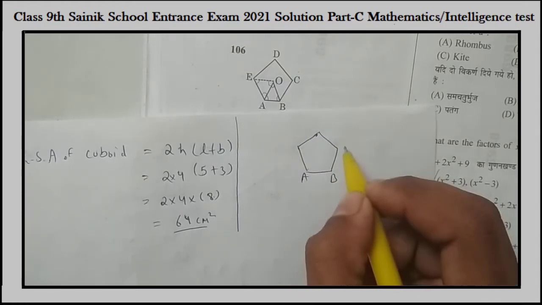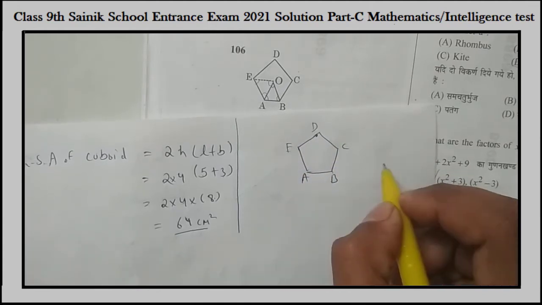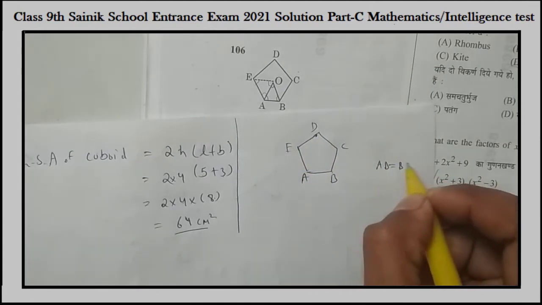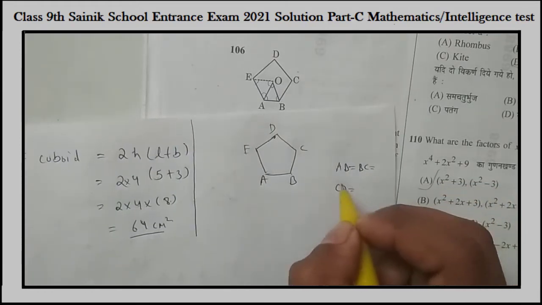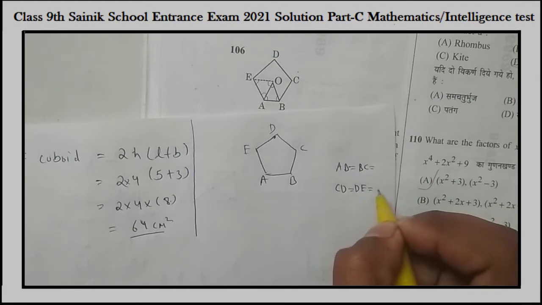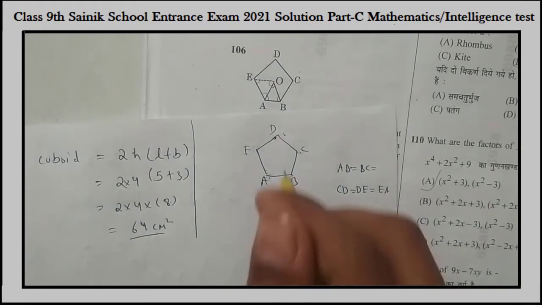A, B, C, D, E means AB is equal to BC is equal to CD is equal to DE is equal to EA, all these sides are equal.